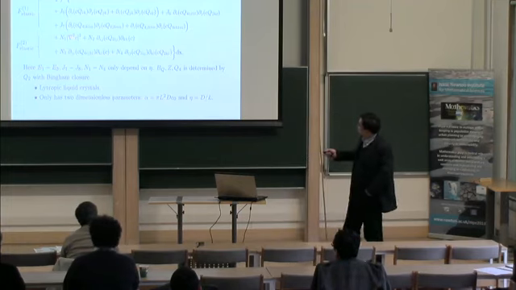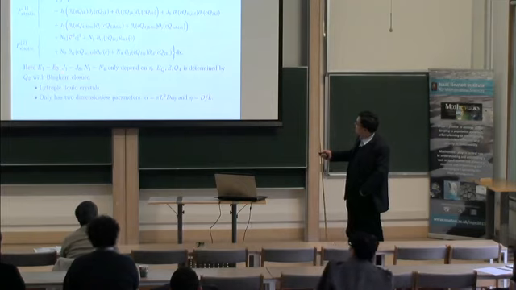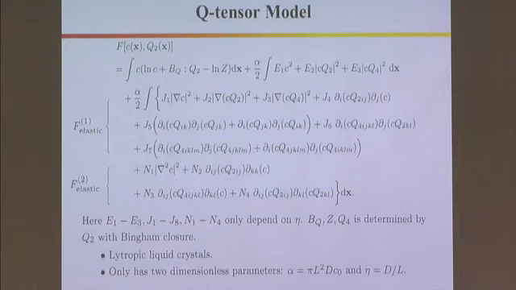So here, the coefficients E1 to J1, EI, JI, NI only depend on the order parameter. And Q4 is determined by Q2 with the Bingham closure. So the model, in some sense, is very simple.